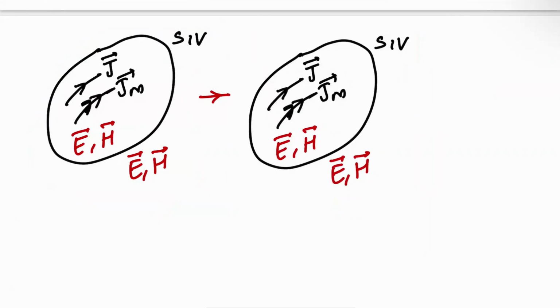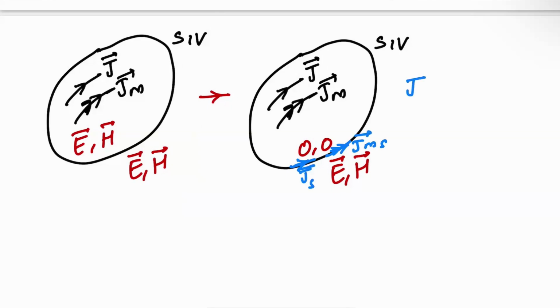Right. So if I want to make the fields here 0 on the inside of the surface, then I know I need to satisfy a boundary condition which places some currents on the surface, Js and Jms.